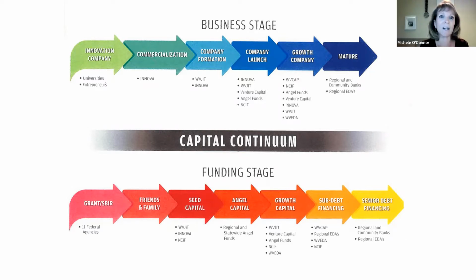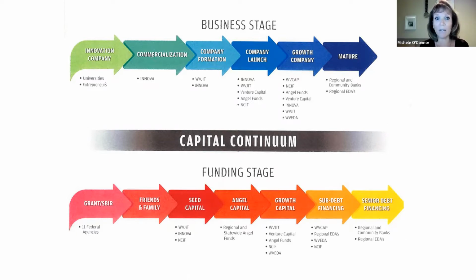And as you see here is the capital continuum. We use capital continuum, capital stack to discuss a business stage and the kind of capital that a business is going to need. So we talk about capital stack. What exactly are we talking about?